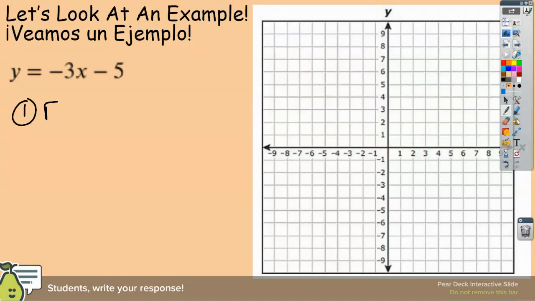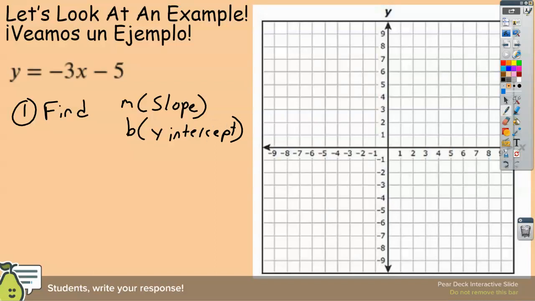Very first step, we're going to find M, our slope, and B, our y-intercept. Right? So I'm taking a look. My slope is a negative 3, and my B is a negative 5.